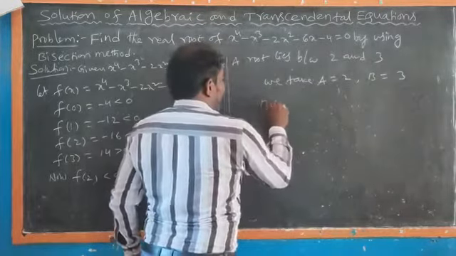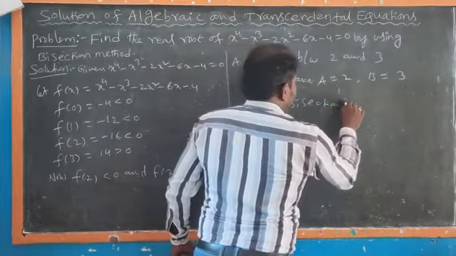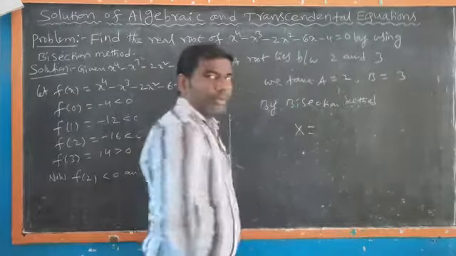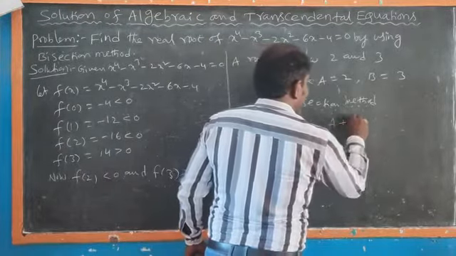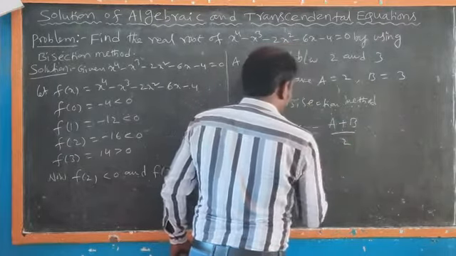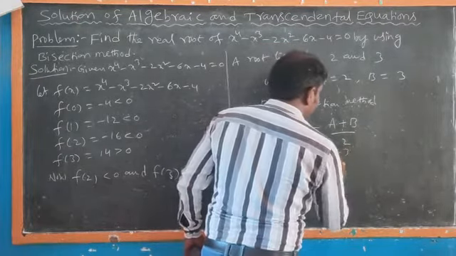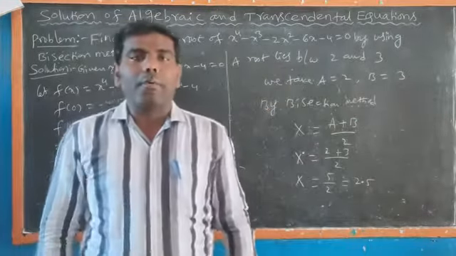By the bisection method, what is the formula? x equal to (a plus b) by 2. x equal to (2 plus 3) by 2. Therefore x equal to 5 by 2, that equals 2.5. So the x value is 2.5.